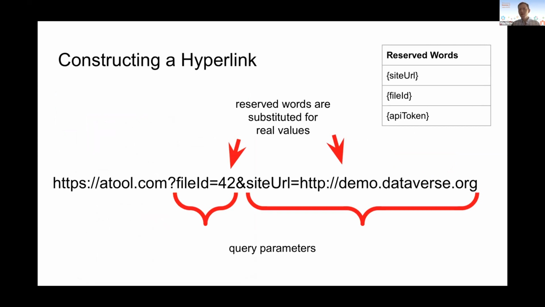You can request the database ID of the file, call it the fileID. And then you can also say, well, my tool needs to know the siteUrl, the URL of the Dataverse installation. So that's what that is. In this example below, we see demo.dataverse.org. And then lastly, an API token, which is used to authenticate.